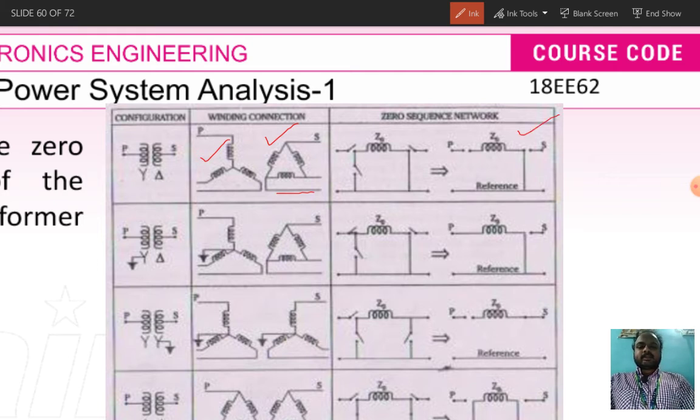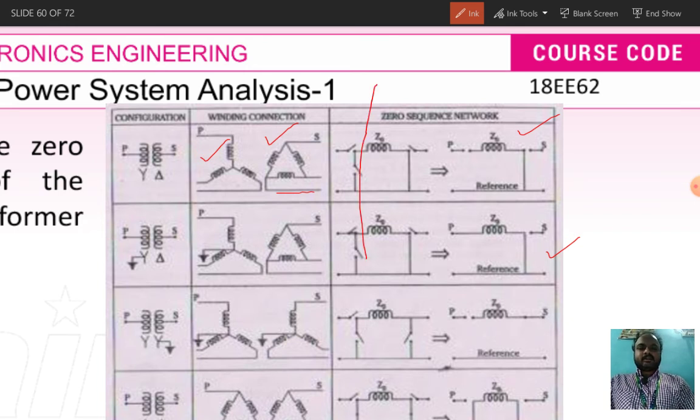Next one, star with grounded delta. Here we have to close the series switch on the primary side, and the secondary side shunt should be closed. So this is the sequence network.